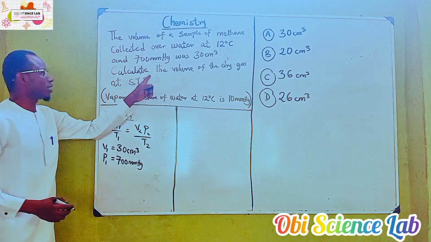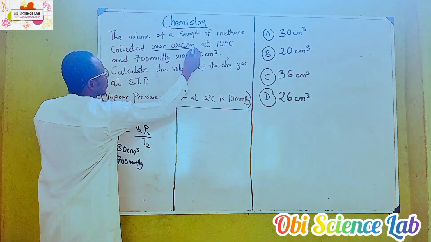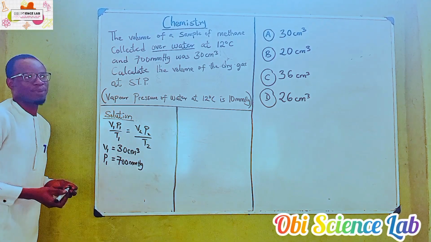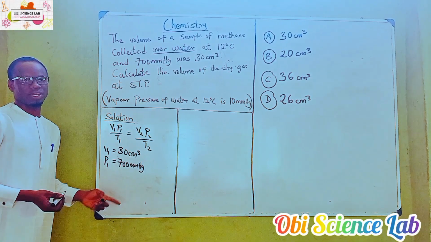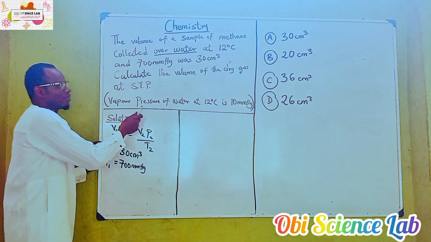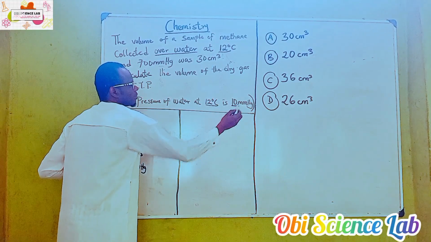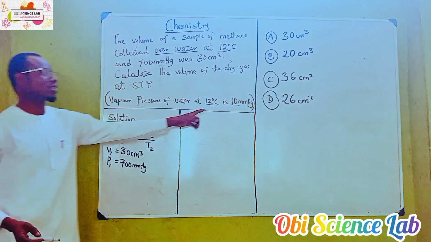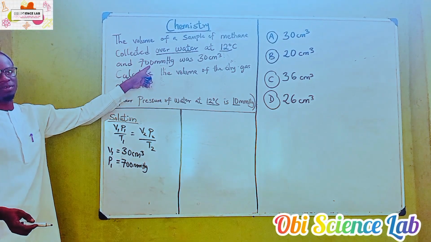The gas was collected over water, and there is partial pressure contributed from the water the gas was collected over. And we are given extra information in the bracket that the vapor pressure of water at this temperature is 10 millimeter mercury. That means there is an additional 10 millimeter mercury in this 700 that we have, which is the partial pressure from the water.